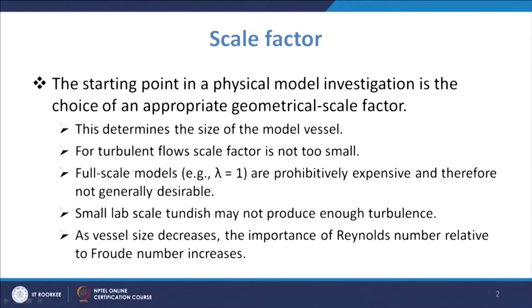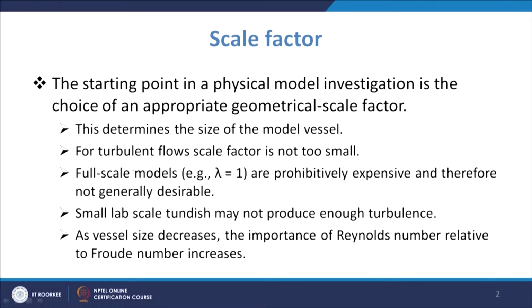So, the starting point in a physical model investigation is the choice of the appropriate geometric scale factor, which basically determines the size of the model vessel. For turbulent flows, the scale factor has not to be very small.